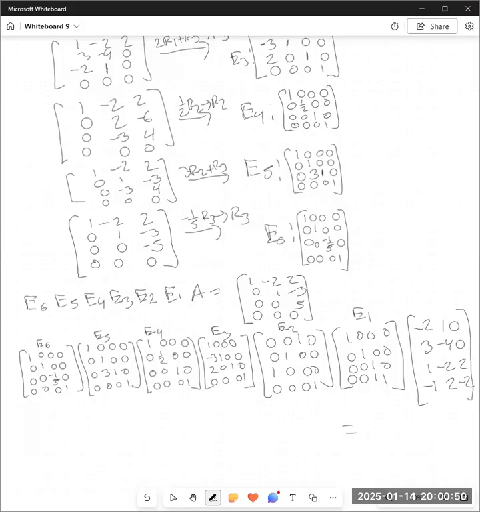All that is equal to final answer of 1, -2, 2, 0, 1, -3, 0, 0, 1, 0, 0, 0.